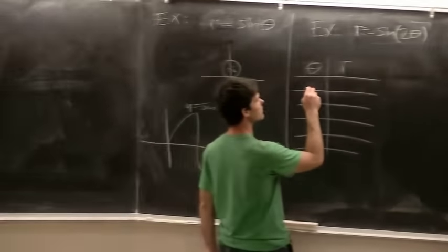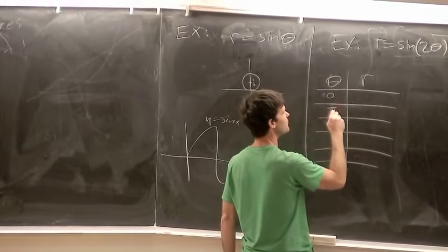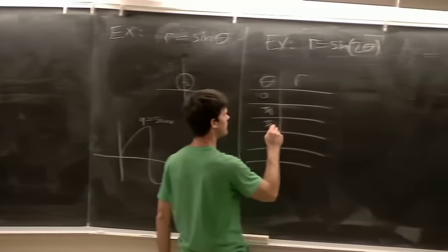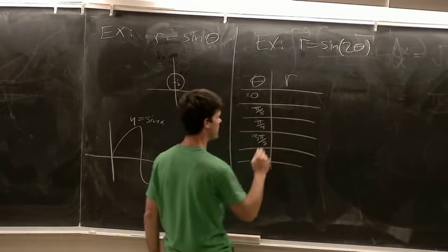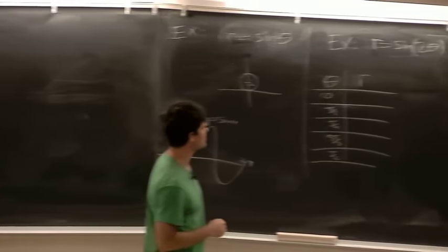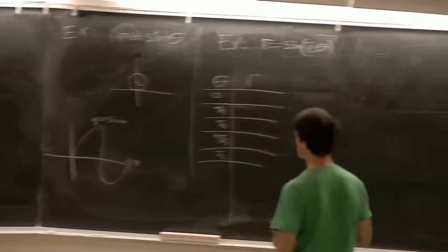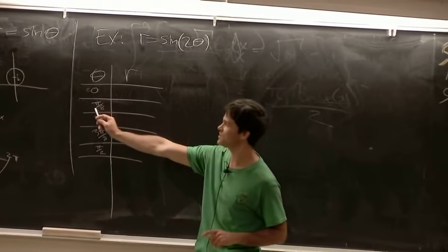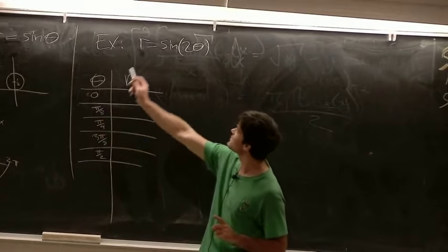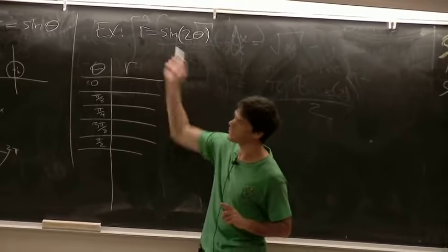So I'm going to do 0, pi over 8, pi over 4, 3 pi over 8, pi over 2. Let's see what this looks like up to this point. You'll notice I'm deliberately choosing angles that when I double them, I'll get angles that I can evaluate the sine of.